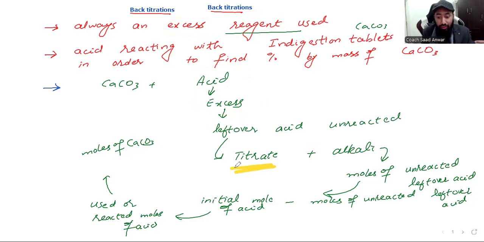We will titrate this leftover unreacted acid with an alkali. This will help us to calculate moles of unreacted leftover acid. Then we will subtract the moles of unreacted leftover acid from the initial moles of acid. This will help us to find reacted moles of acid. We utilize this to find moles of calcium carbonate. Now let me solve a question that will make your concept crystal clear.